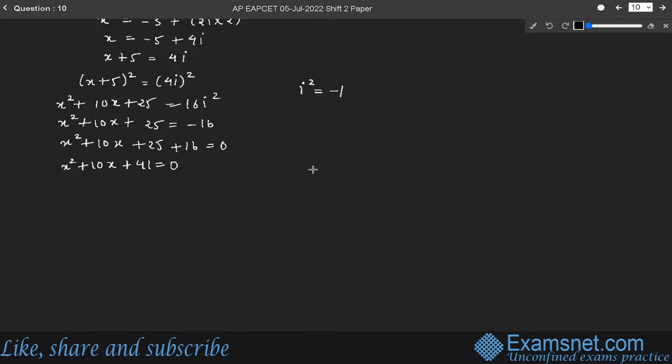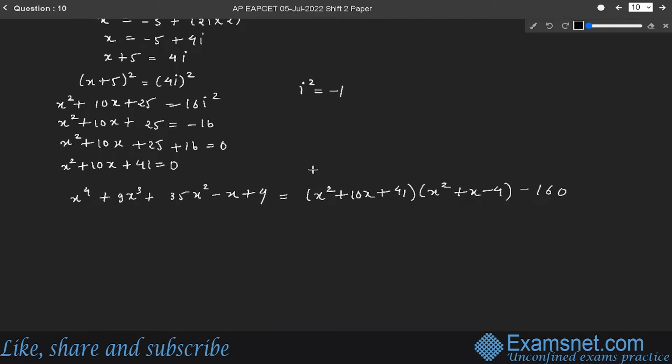Now we have to calculate the value of x power 4 plus 9x cube plus 35x square minus x plus 4. It will be equal to (x square plus 10x plus 41) into (x square plus x minus 4) minus 160.